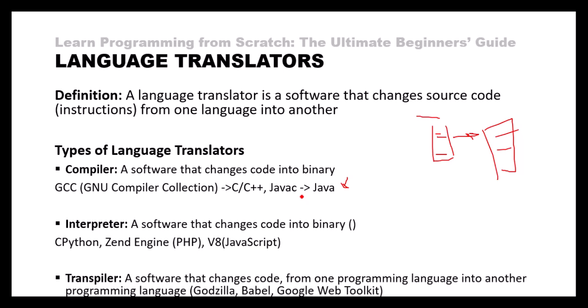After you understand a compiler and an interpreter, you also have to understand a transpiler. A transpiler is simply a software that changes code from one programming language into another programming language. Let's say you write your program in Java, and you build software as big as Photoshop in Java.